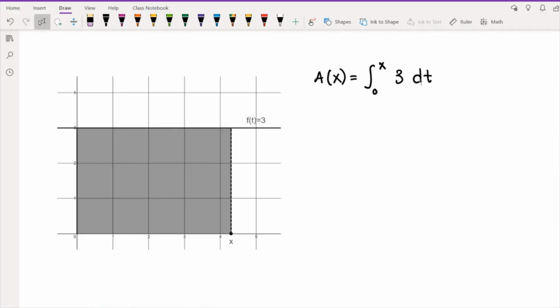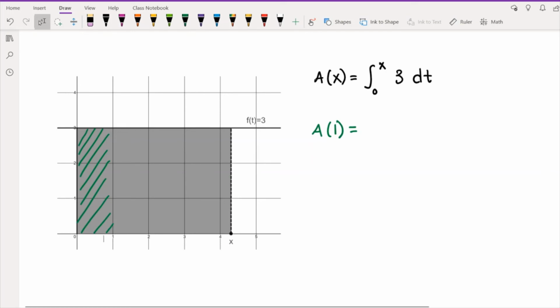Okay, so let's look at this example. Let's say we wanted to evaluate a of 1. So this is actually easier than the last one we did, right? So a of 1 would just be the area from 0 to 1. So a of 1 would be the integral from 0 to 1 of 3 dt.